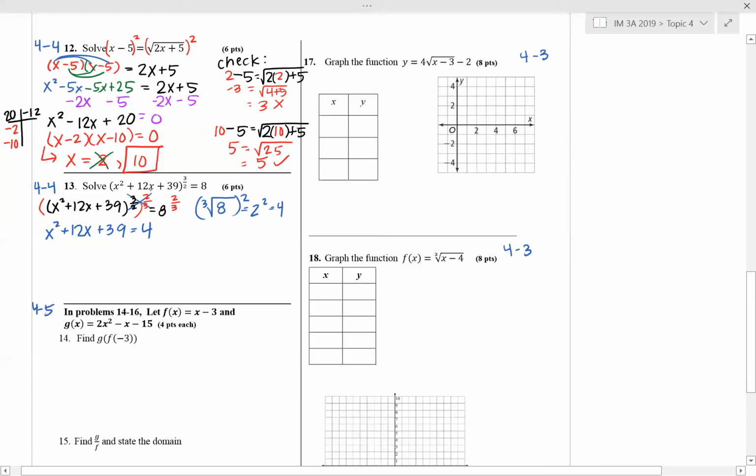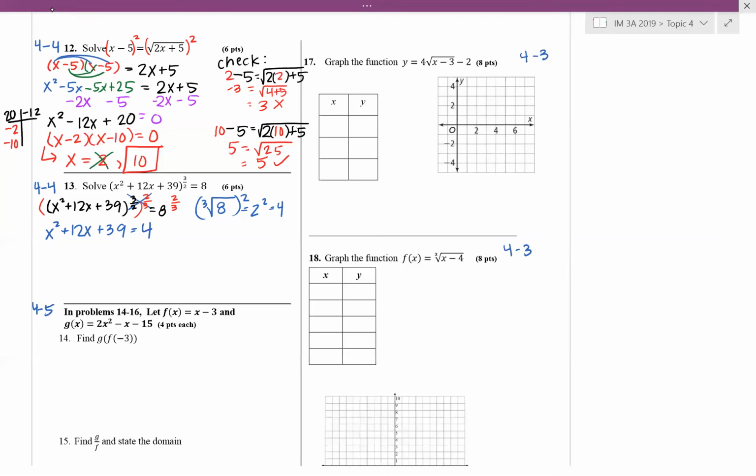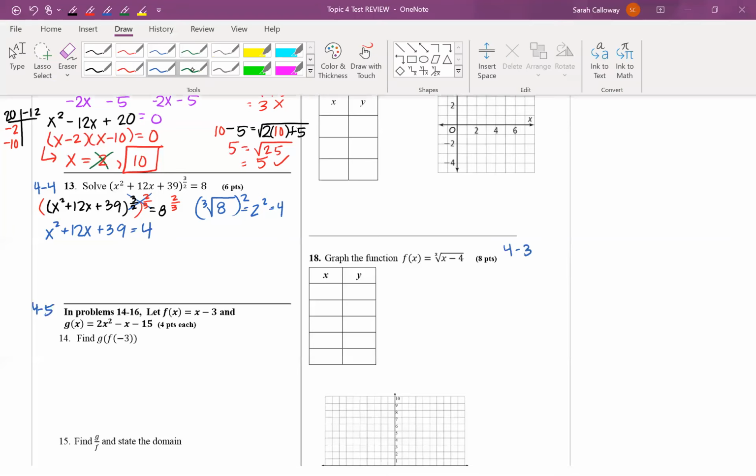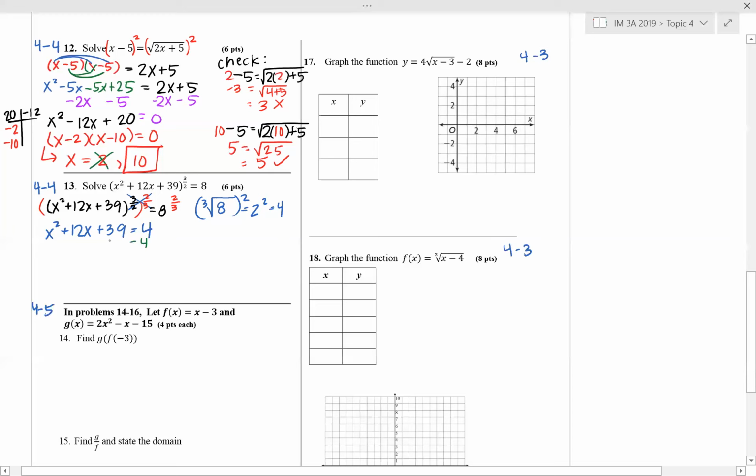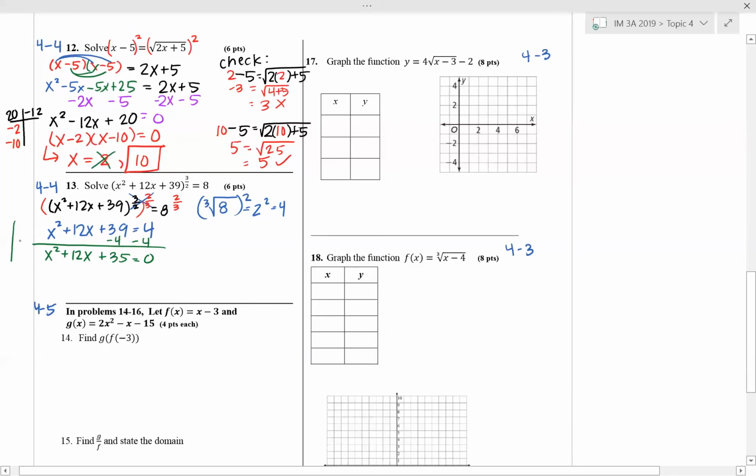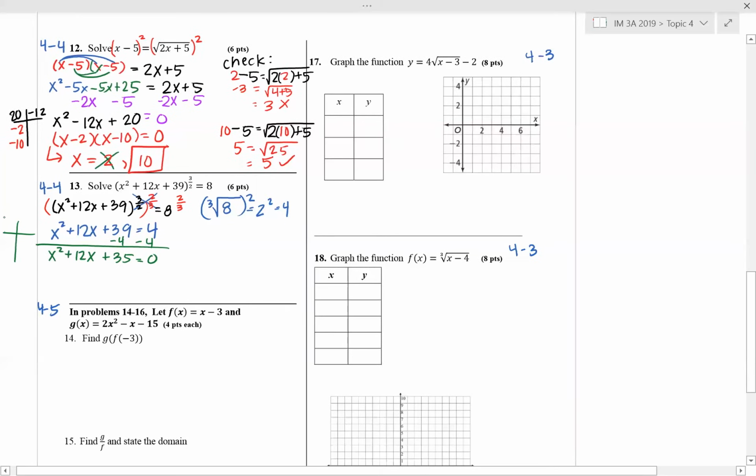So then in order to solve for x, we have to do what we did in the last problem, which is get it equal to 0 and factor. So if I subtract 4 from both sides, x squared plus 12x plus 35 equals 0. So I'm looking for two numbers that multiply to 35 and add to 12.